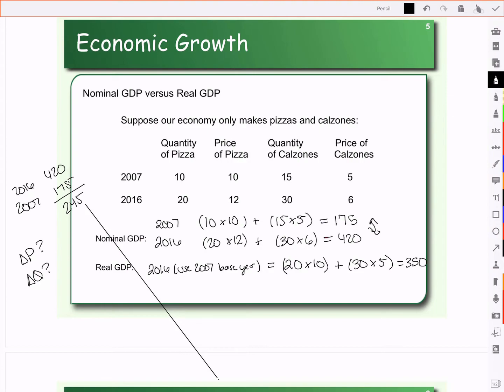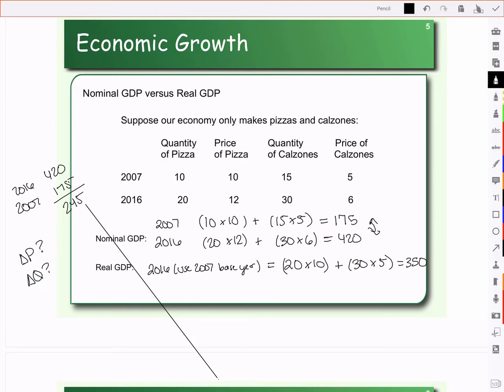Now, how much of this 245 was because of a change in price, and how much of it was a change in quantity? This triangle that you see here is a mathematical symbol called delta, and it just means change. So we use it to signal a change in price and a change in quantity. To figure this out, we need to compare the formulas for our three calculations.